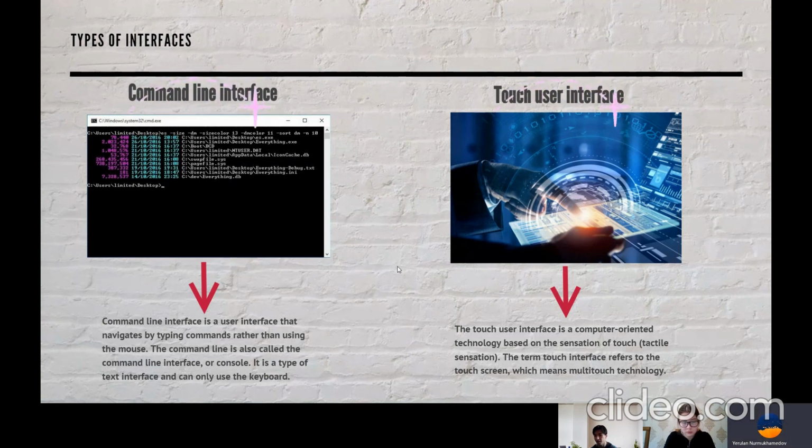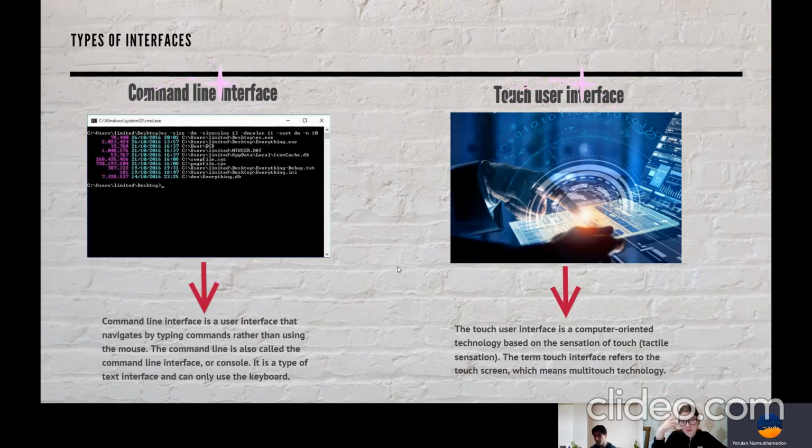The next and last type of user interface in the list is the touch user interface. A touch user interface is a touchscreen that can be operated with your fingers. They are commonly found in laptops, computers, smartphones, tablets, ATMs, and others.